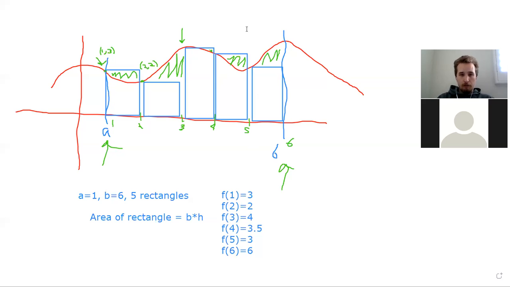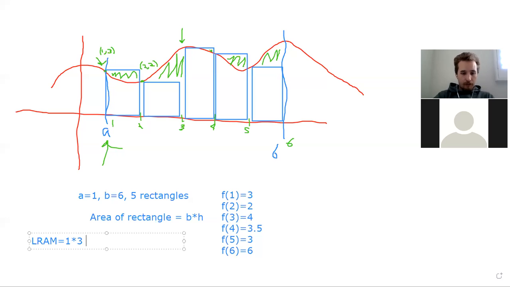So now we just need to find the area. I'm going to erase some things. We just need to find the area of all the rectangles now, right? So if we know the area of each rectangle is b times h, well, we know base is always 1, and then the height of the first rectangle at the leftmost point is 3. This is what's known as LRAM. We're taking the rectangle at the leftmost point.